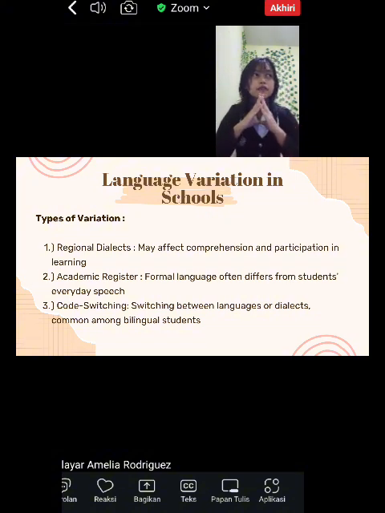For example, a student may say in daily conversation that rabbits eat plants, but in science class, or maybe in a presentation or an essay, they might write or say that a rabbit is an herbivore. See the difference? Yes.